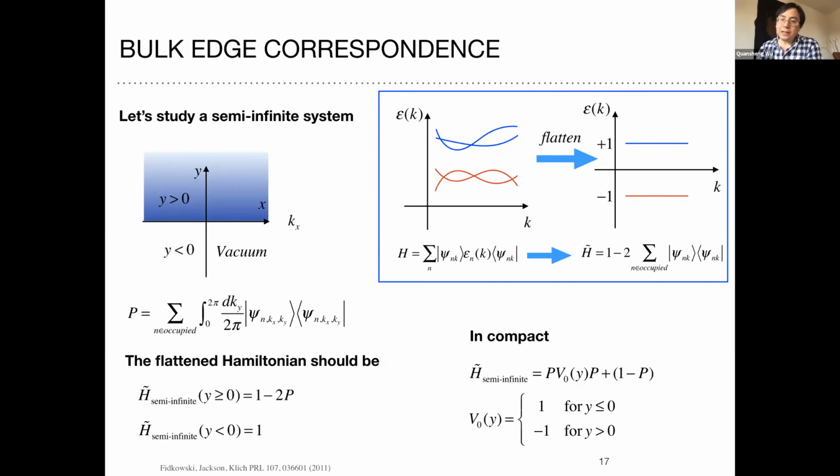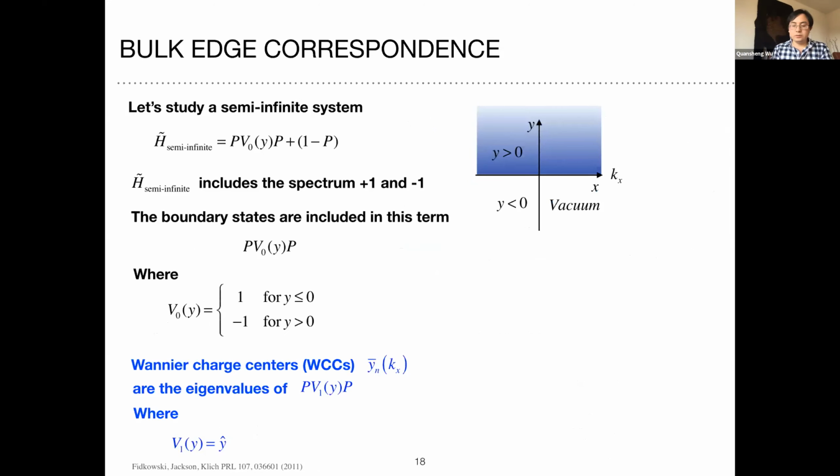The other states that are not included, the boundary states, or the in-gap states, could just be included in this term, the p, v, y, and p term. And let's remind you that the Wannier charge center is the eigenvalue of this quantity, and this v is just y.